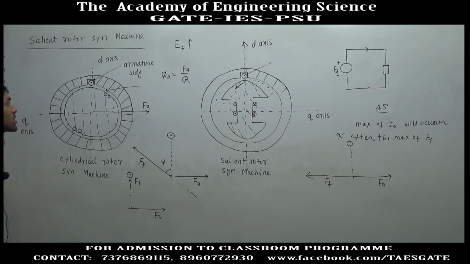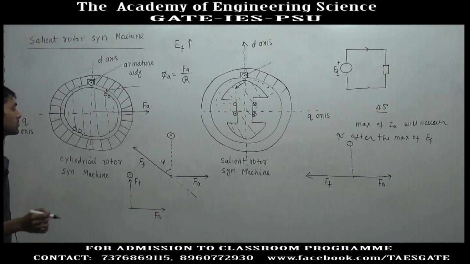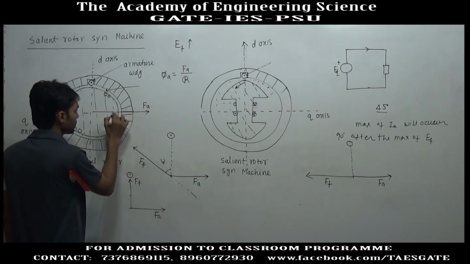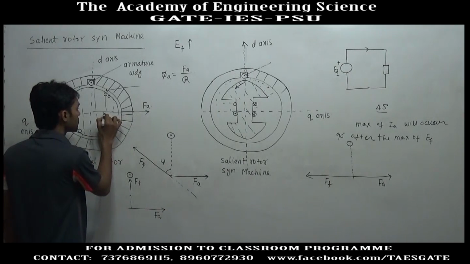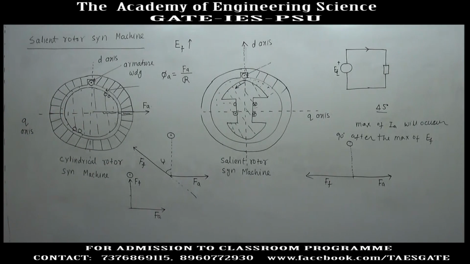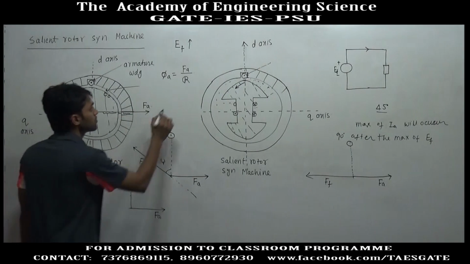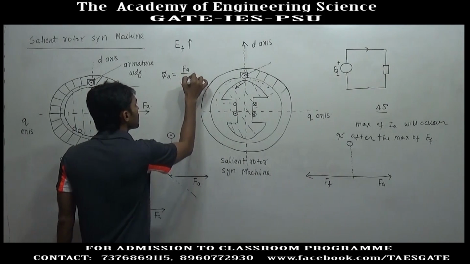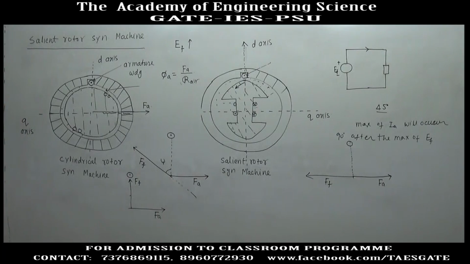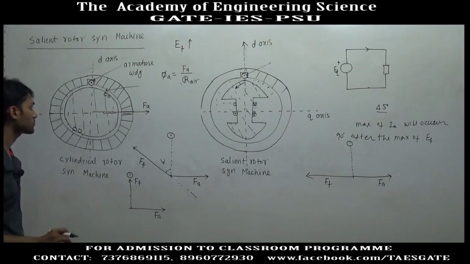So, there will be some magnitude of armature flux, and we also know that in the path we will have the reluctance of the core, the reluctance of air, and the reluctance of the core, but the reluctance of air is very high compared with the reluctance of the core. So, the total reluctance will be dominated by the reluctance of the air gap. So, the reluctance will be decided by the width of the air gap.